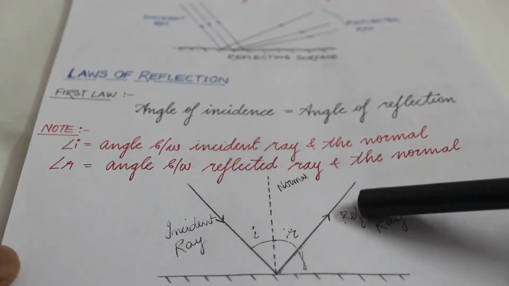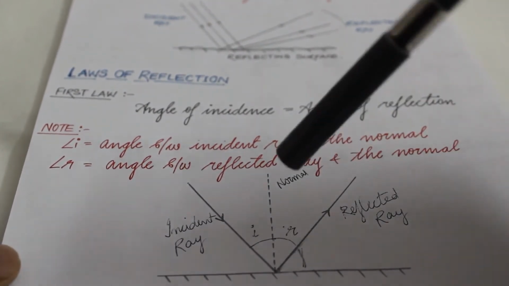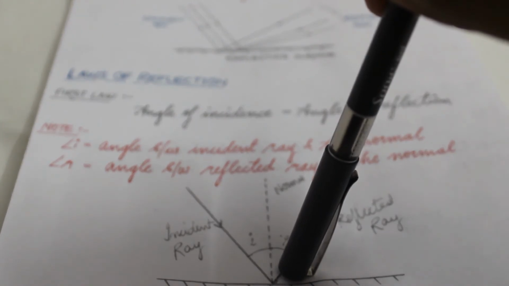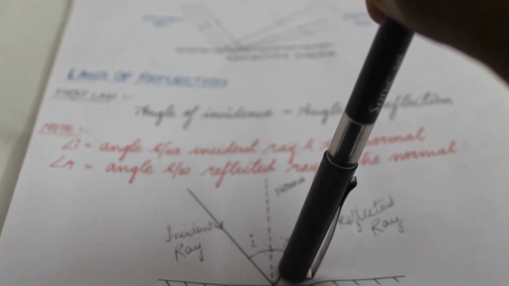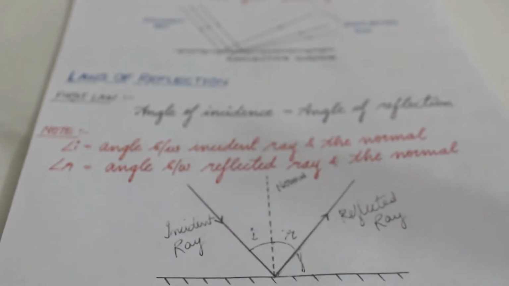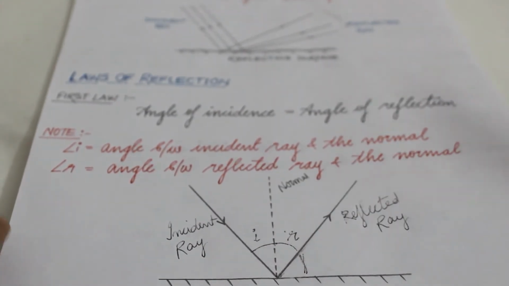It can't change its plane. It means that for this incident ray, you can't have this kind of reflected ray. If this pen behaves as a reflected ray, it is coming out of the plane of the paper, so it is changing its plane, and that is not possible. If the incident ray is in this plane, the reflected ray has to be in this plane.